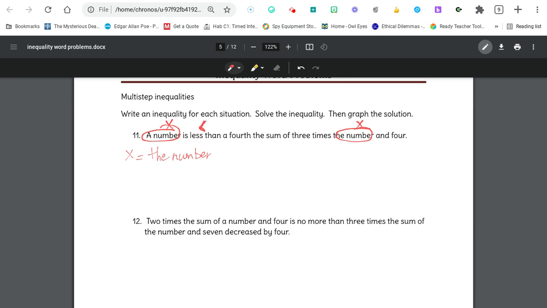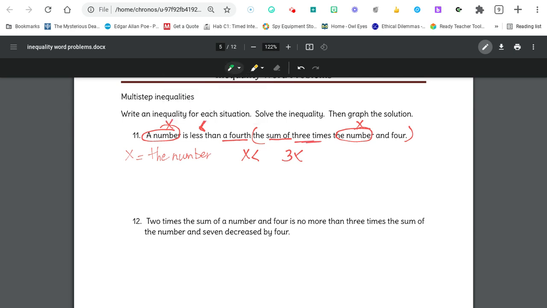So I'm going to start off with x is less than a fourth the sum, or 1/4 the sum of 3 times the number and 4. Okay, so I need to find the sum of 3 times the number and 4 first, and then multiply by 1/4. So 3 times the number is 3x.